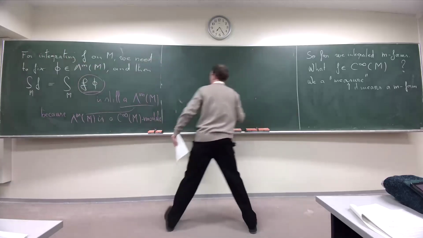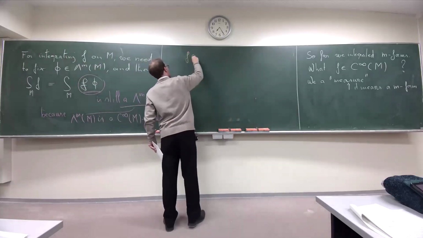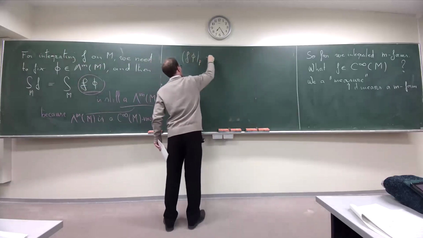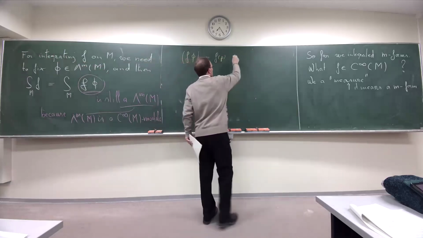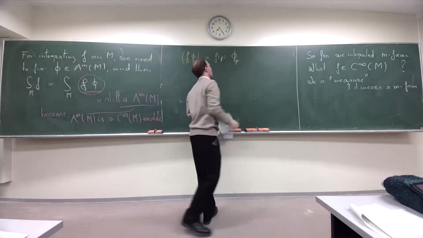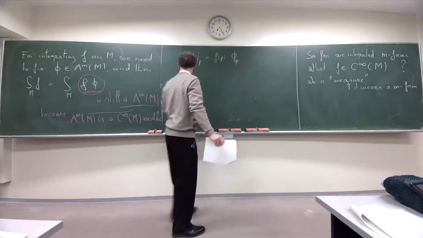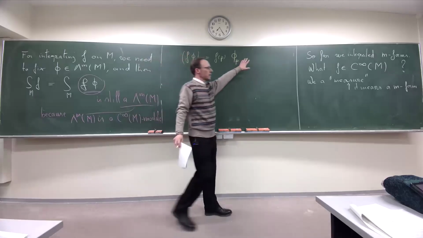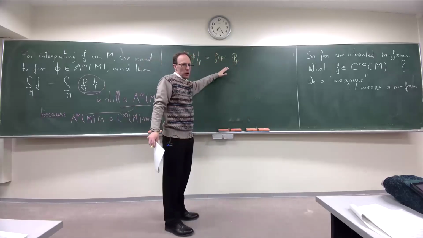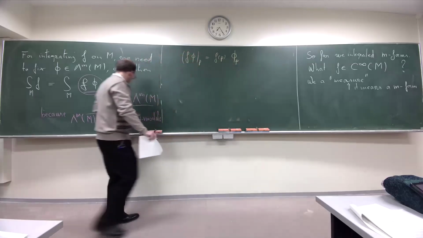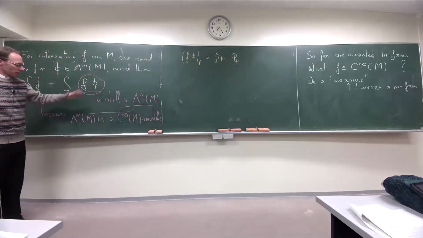I just remind you, what is f phi at p? It is f of p, which is just a number, times phi of p. No matter what phi of p is, here phi of p is an M tensor, and then you can multiply it by a number. So it's not surprising that you can do this.